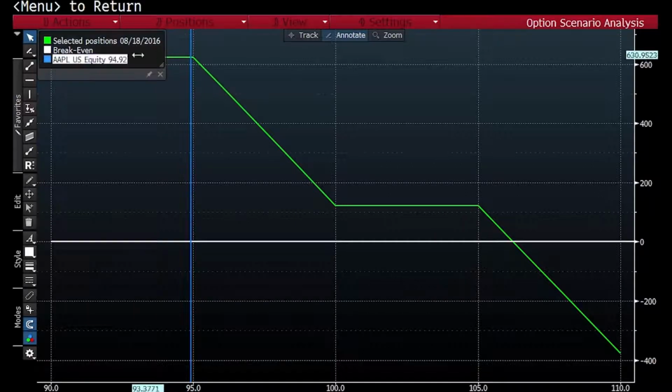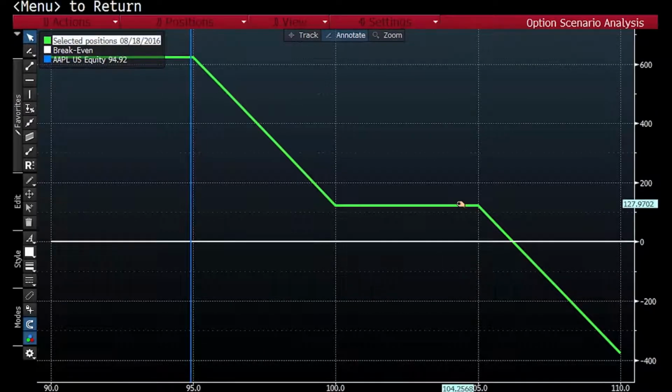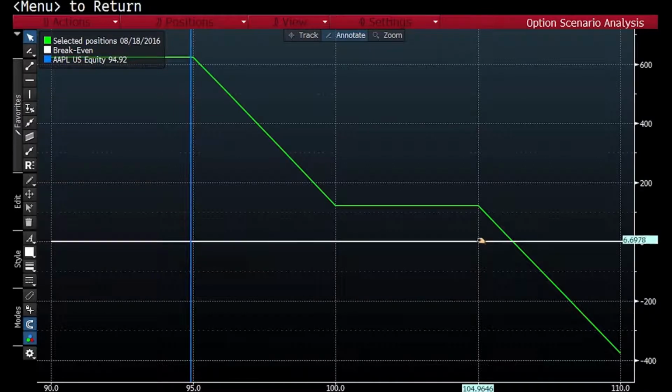You will see here you have a put spread, but the put spread, instead of taking place mostly below the 0 P&L line, is above, and that's because by selling this 105 strike call, we've pushed up the whole of the put spread, giving us this $123 credit for putting the strategy on, but the break-even level is essentially that $123 more than the 105 strike, so $106.23 is where the break-even level is.